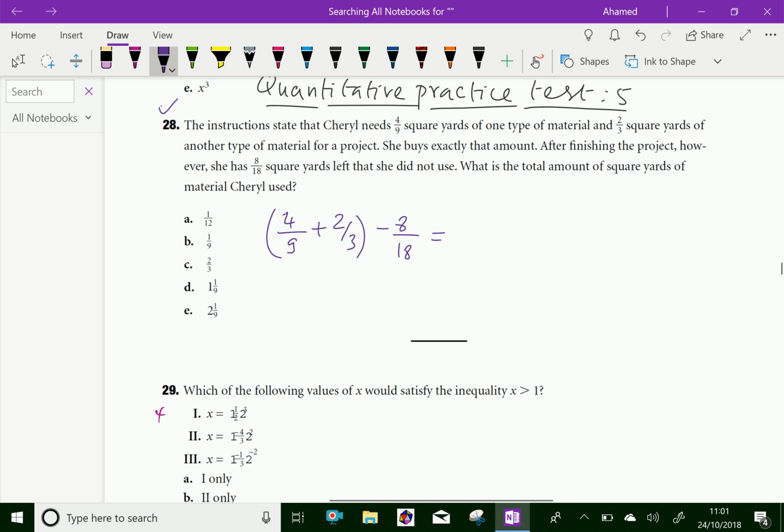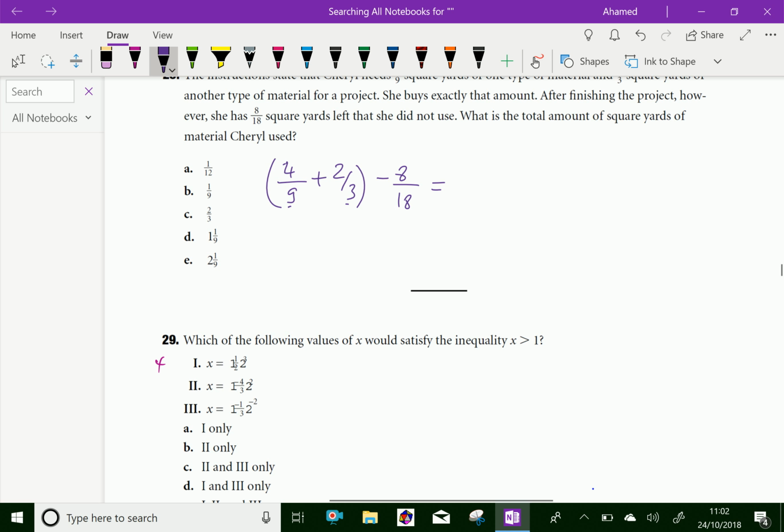Now let us do this one. We have the denominators 9, 3 and 18. The LCM is 18, so we have to make the denominator 18 for each. The first number is multiplied by 2: 8 over 18, plus 2 over 3 multiplied by 6, that is 12 over 18, minus 8 over 18, which gives the common denominator 18.